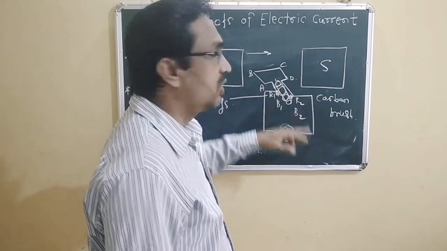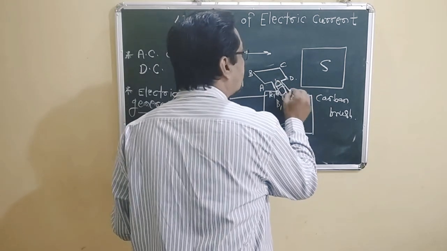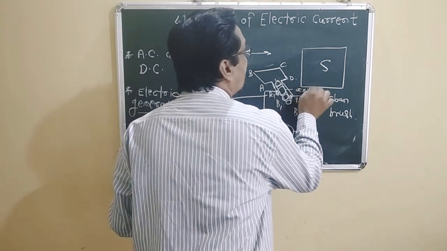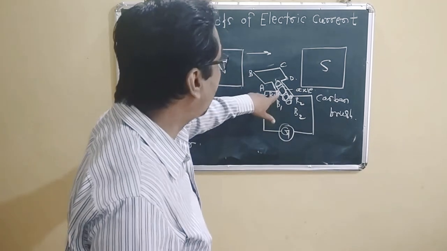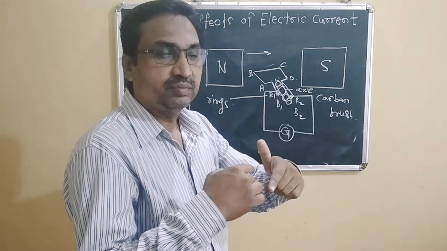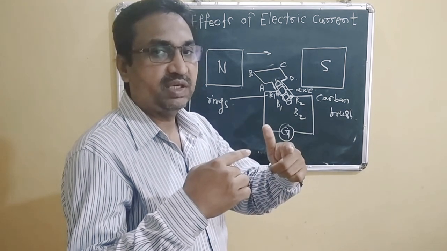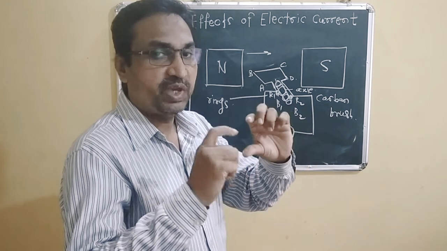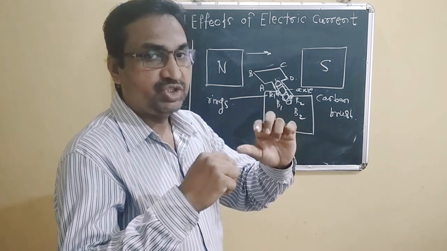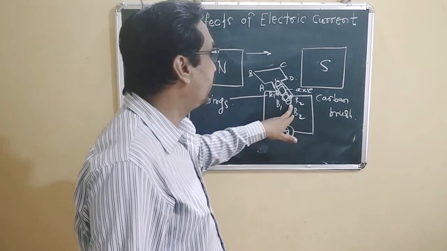surfaces where they are fixed with the axle. Here is the axle. Rings R1 and R2 have an insulating inner surface fixed with the axle, which we can rotate manually or with an external machine.